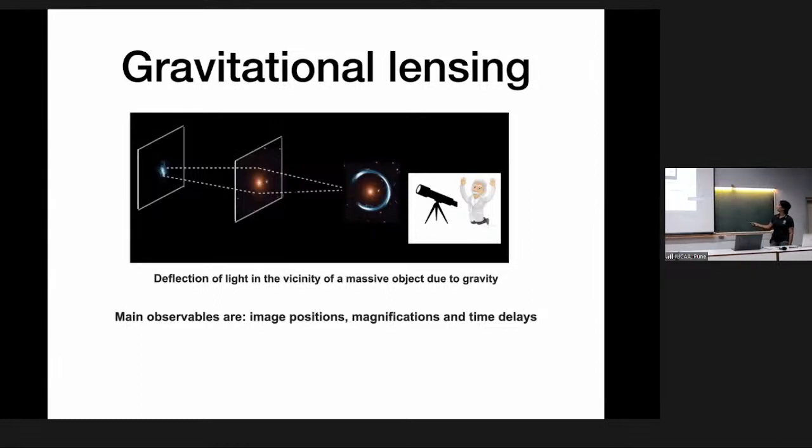What you will see is this massive object in the center, and then all these gravitationally lensed images, multiple images of a background source, and in some cases these look like gravitational arcs. The main observables that we expect to see in strong gravitational lensing are the image positions of these multiple images, magnifications, and time delays.